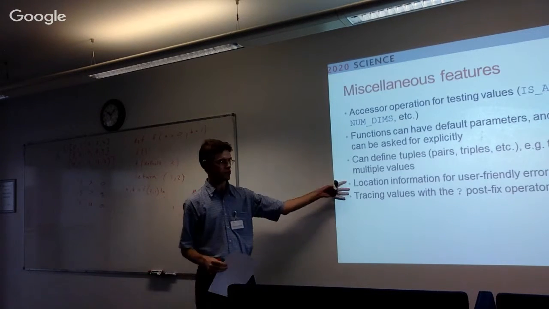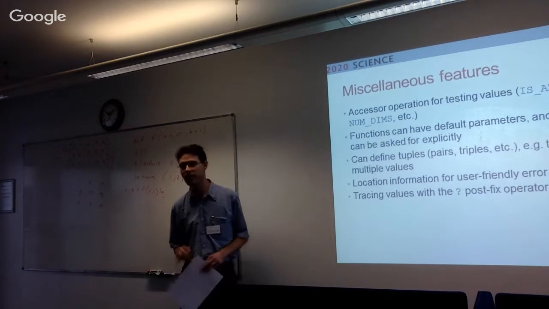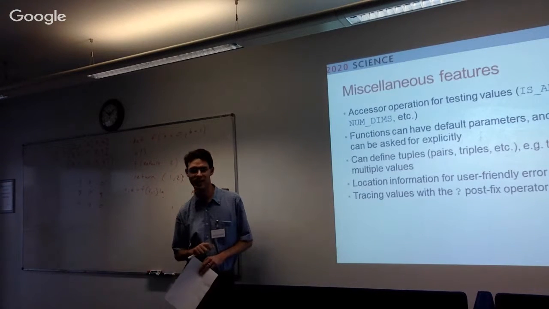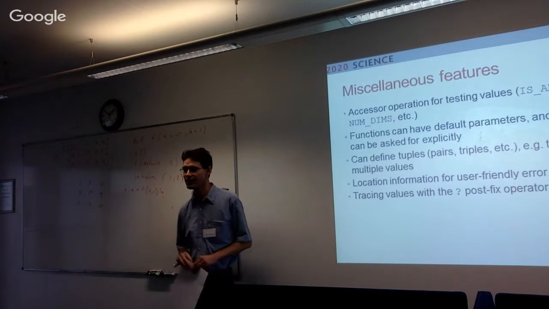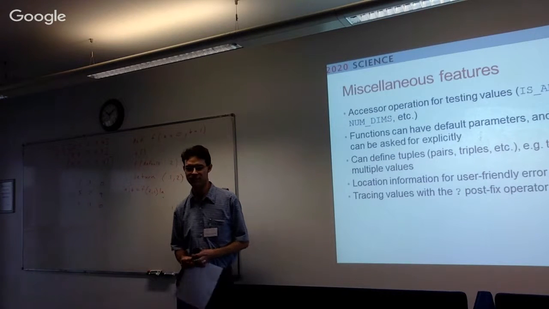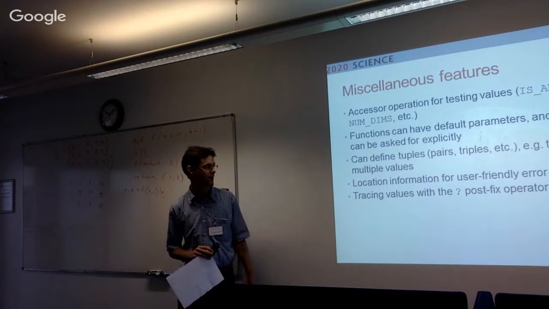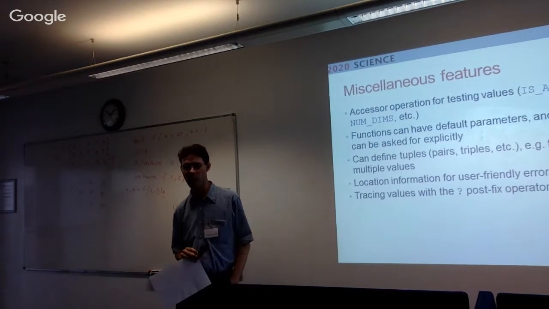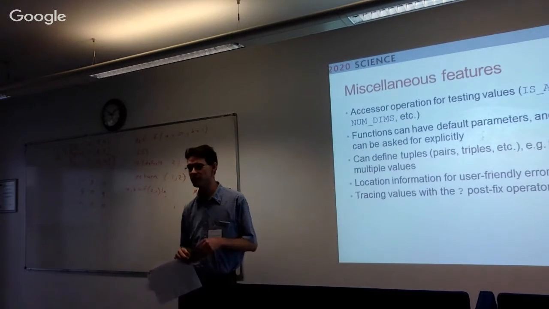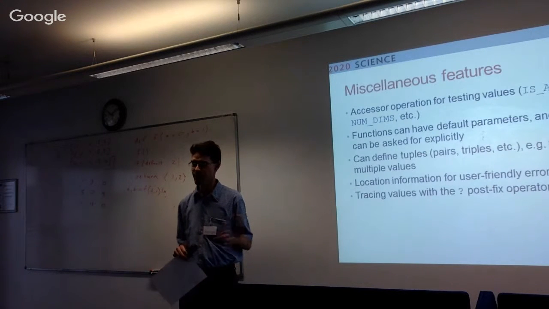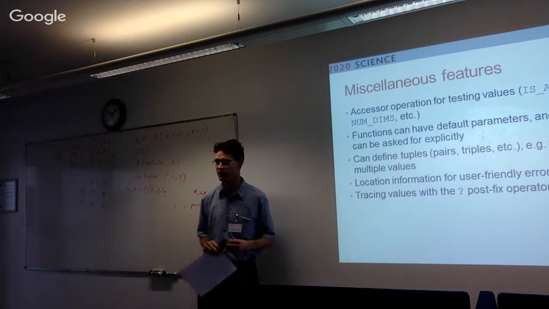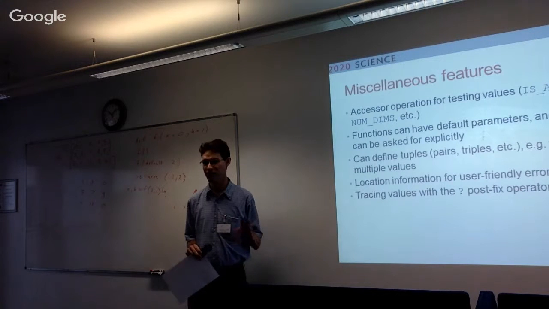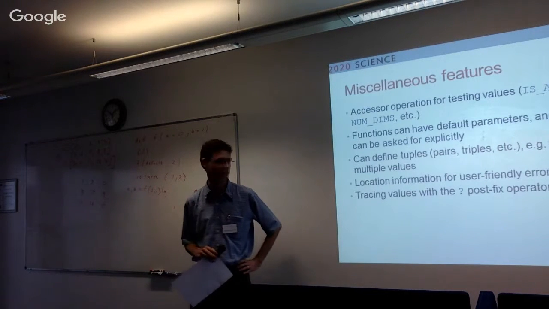And then there's a few bits that just try to make it a bit easier to write protocols using this language if things go wrong, as they often do as you're trying to get something working, even for me. The error messages try to give you information about where in your protocol the error has arisen, what values of variables were at that point, so you can figure out why this operation is not doing what I expected it to.